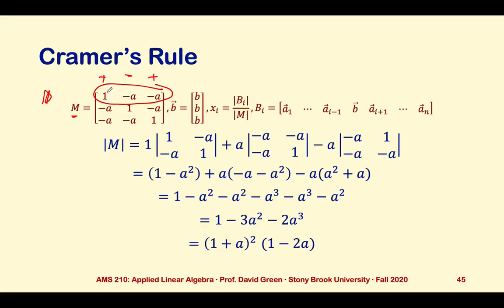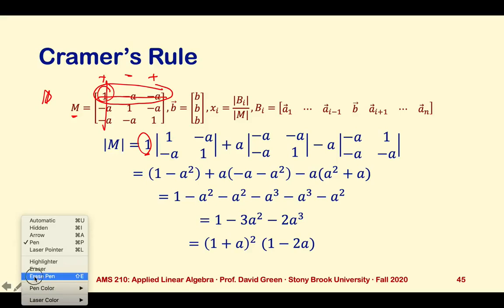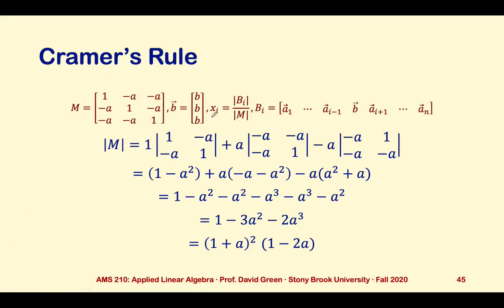So positive 1 multiplied by the matrix that we get when we delete the first row and column here. Then for the second term, negative of negative a, positive a, multiplied by the determinant when we delete the second column in the first row, the determinant shown here.